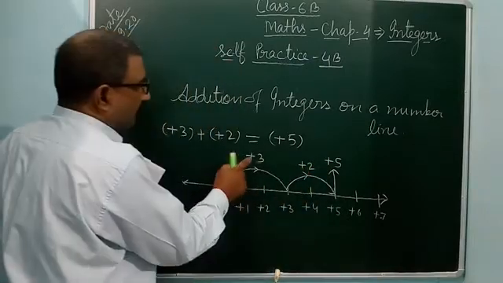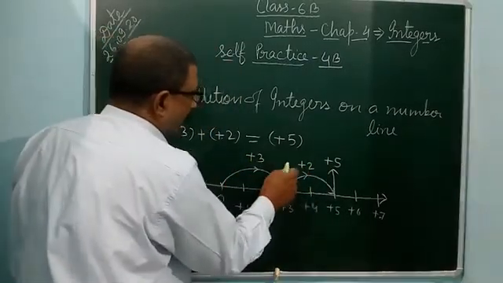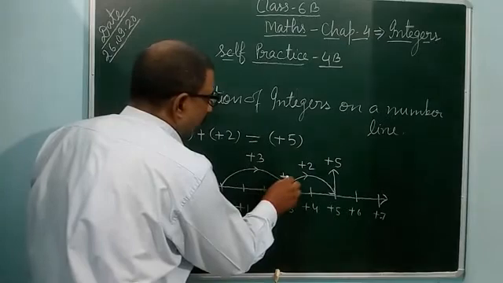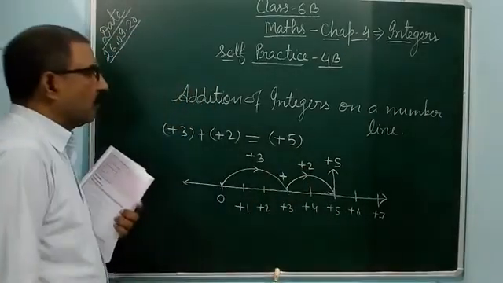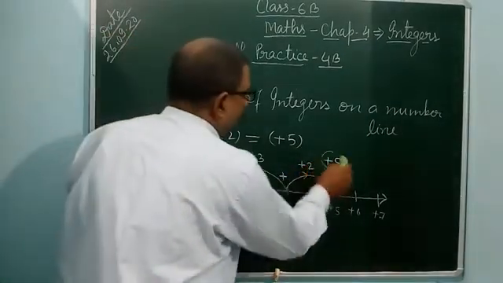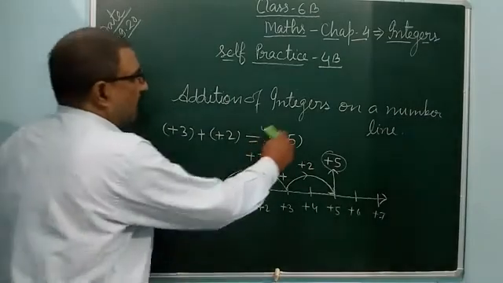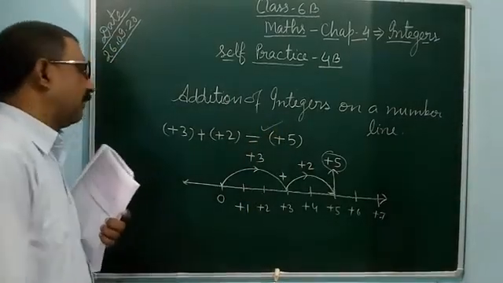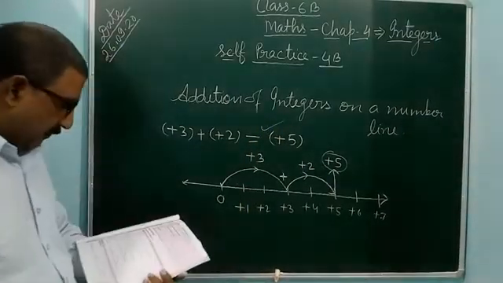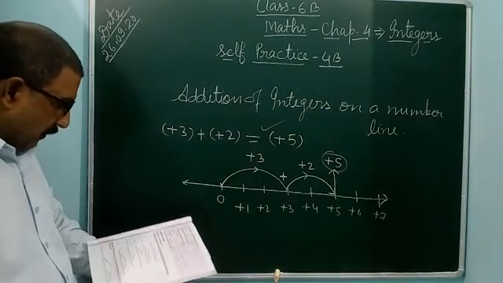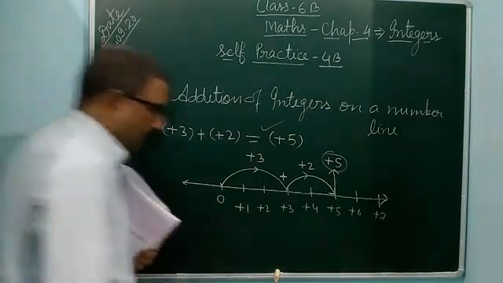You are adding, which means plus, so the result is plus 5. In the simple way plus 5, and on the number line also plus 5. So like that. Next example.